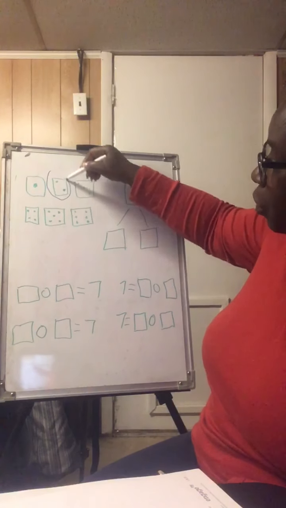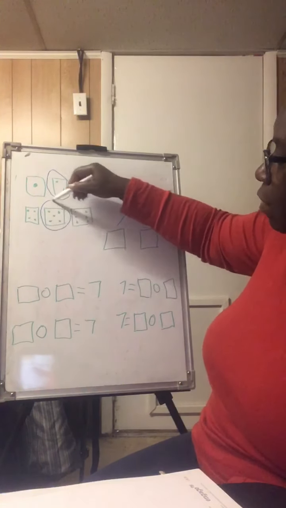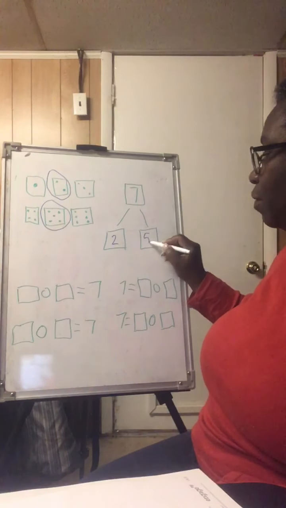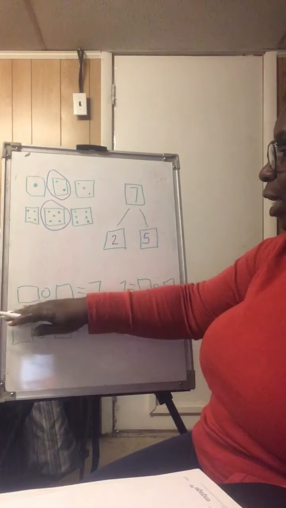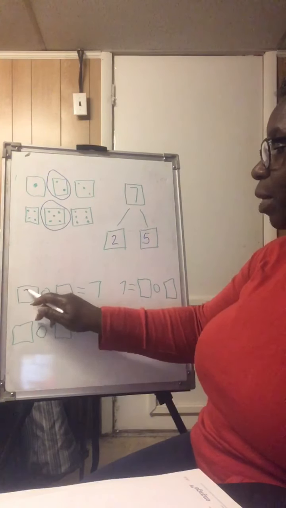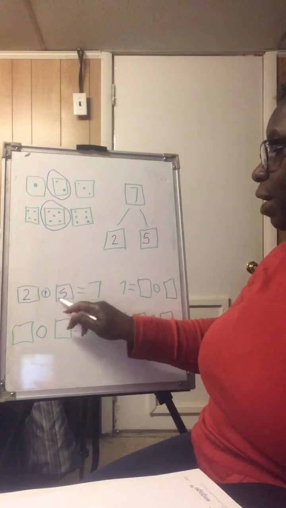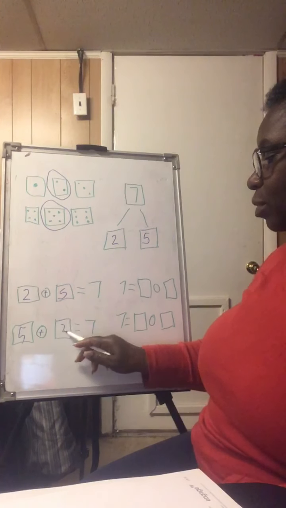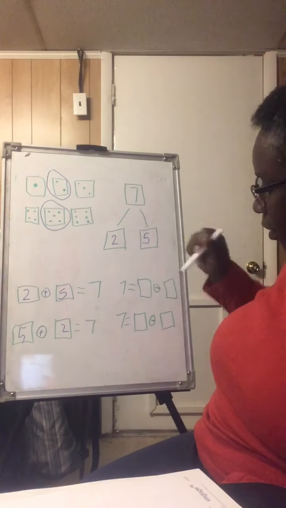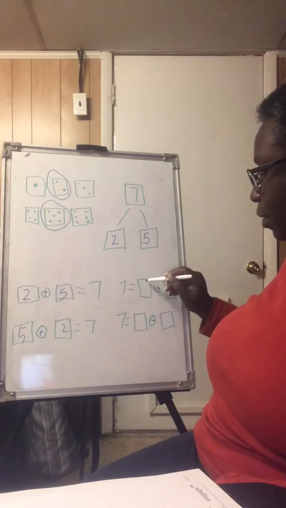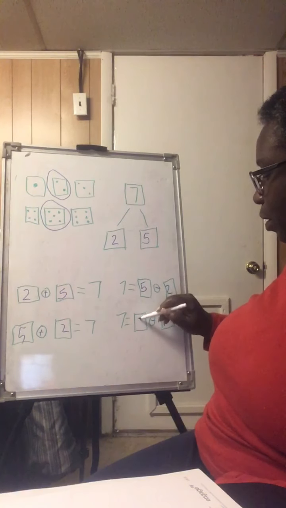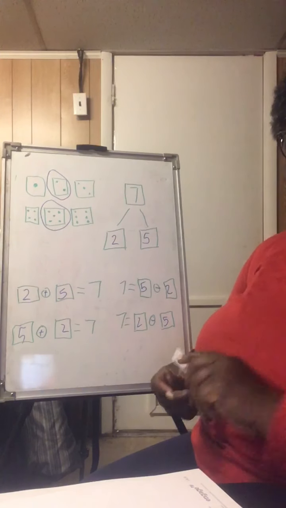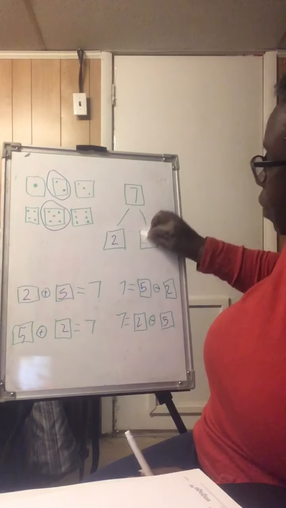I'm going to work with 2 and 5. You're supposed to color them in, but I circled it. So I'm working with 2 and 5 because 2 plus 5 is 7. So then here what I'm going to do is put my 2 plus 5, my 5 plus 2, and over here we're going to use minus, okay? The same numbers, 5 and 2, 2 and 5. Because you're going to use the same number all the way through. But you may pick different numbers, okay?